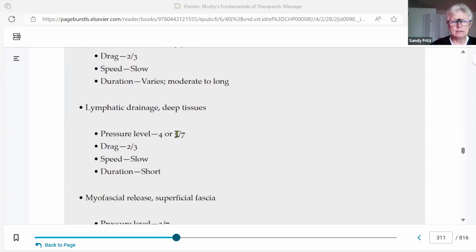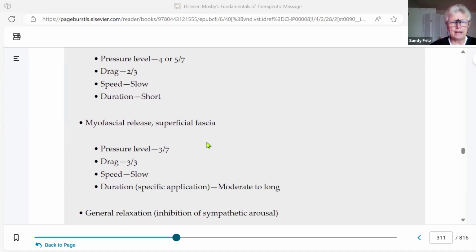Now, if we get into the deeper tissue layers, you can see what has really occurred is that we have used enough pressure to sink down into lymphatic structures that are below the skin and superficial fascia.